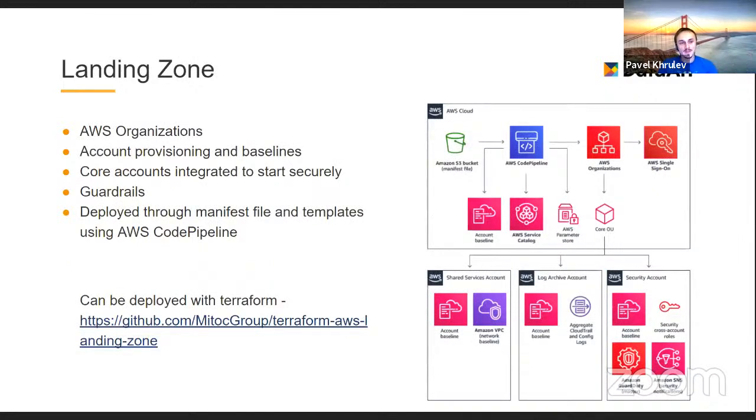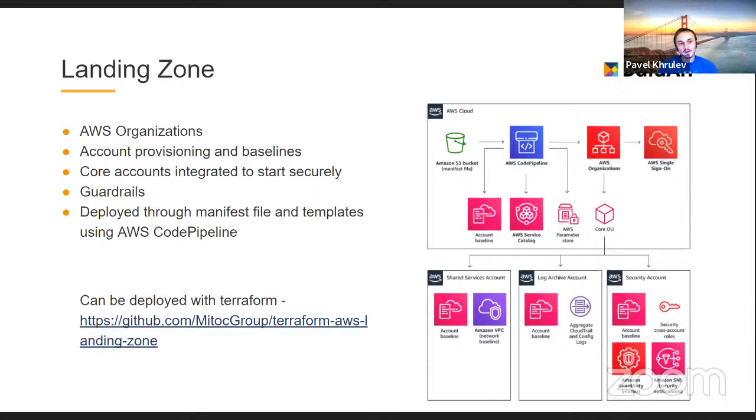They introduced landing zones. A landing zone, we can call it a framework. Actually, this is a solution that allows us to start, to create an AWS organization and manage it in the most secure way, and to be sure that everything is architected well and that Well-Architected Framework principles are followed.